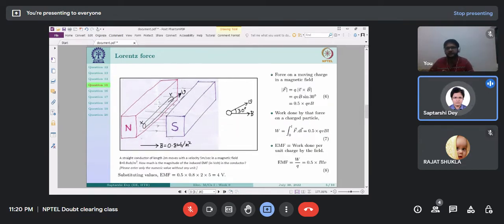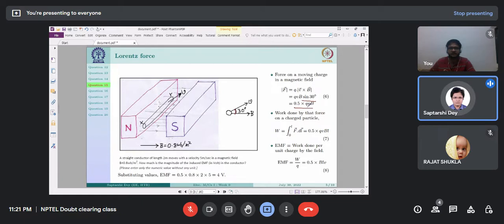Now again the same setup, but in this case the direction of velocity is 30 degree with B. The question is same as question number 13. Only thing is here it is sine 30 as the angle between these two vectors is 30 degree. Sine 30 degree is half.